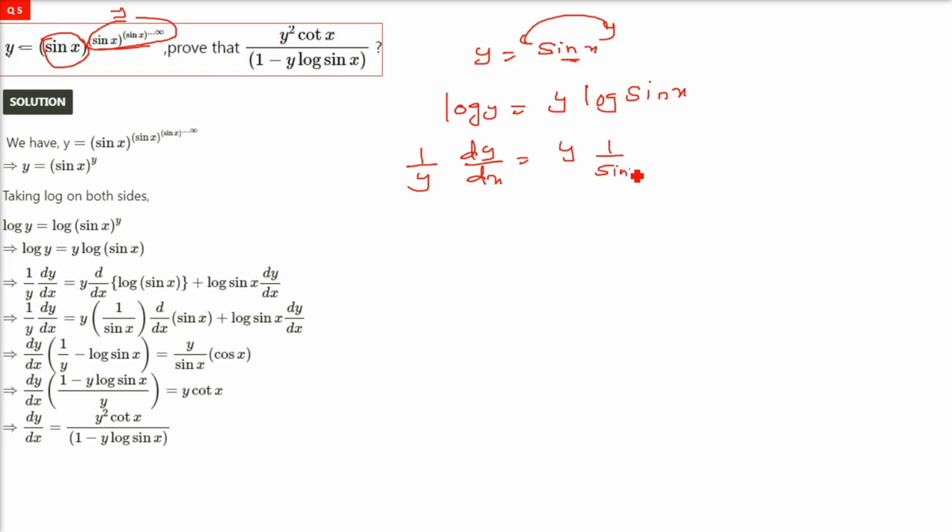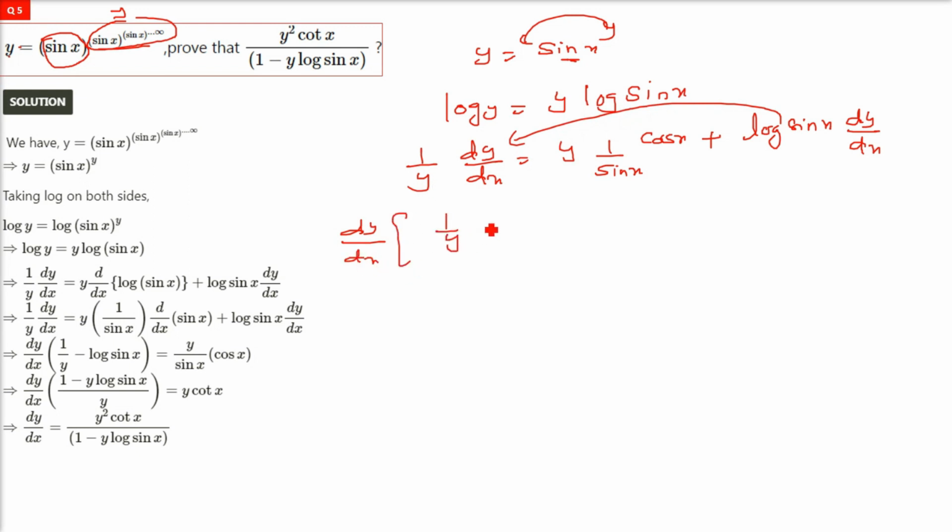y log sin x. Differentiation of log sin x is 1 by sin x times the differentiation of sin x, which is cos x, plus log sin x times differentiation of y, dy by dx. Now this dy by dx you have to bring to the left and take dy by dx common. You will get 1 by y minus log sin x. And on the right you will get y cos x by sin x, which is y cot x.